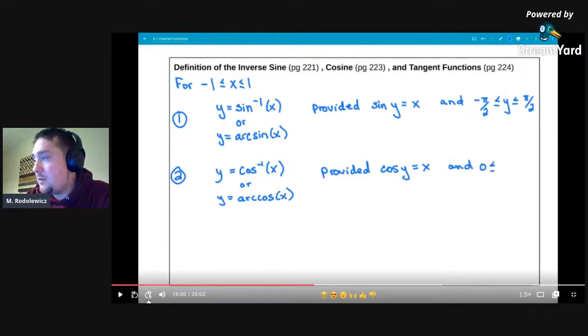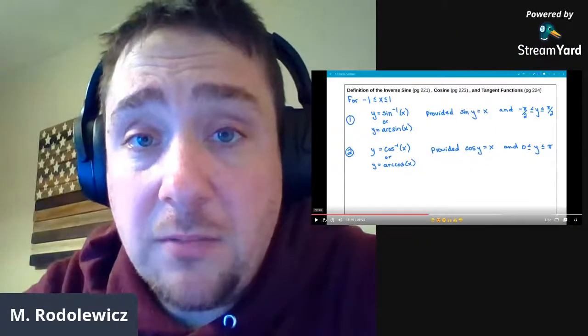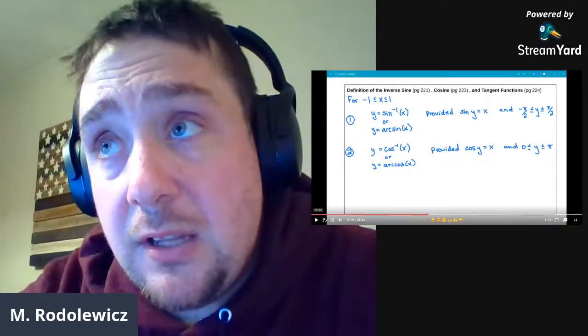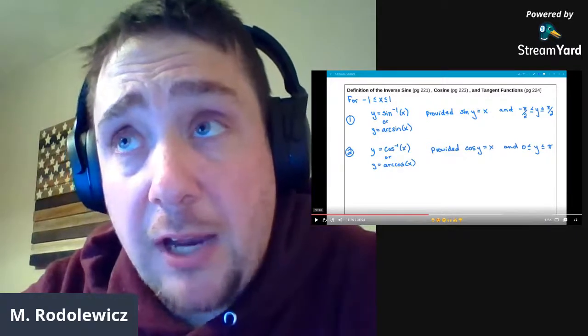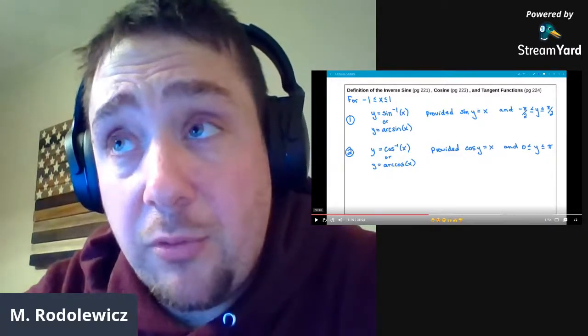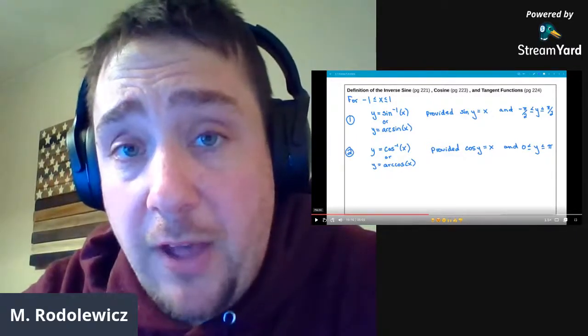And the one thing to notice here is that the angle that you return is not from negative pi over 2 to pi over 2, but instead it's from 0 to pi. And the explanation of that is very similar to the explanation that I showed with the graph of sine. It has to do with limiting or restricting the domain. But if you restrict it between negative pi over 2 and pi over 2, you don't capture all the values.